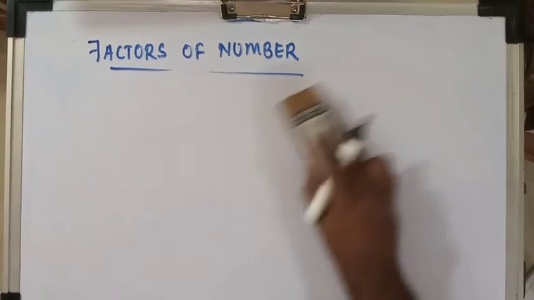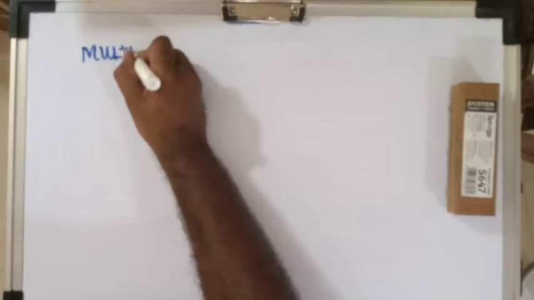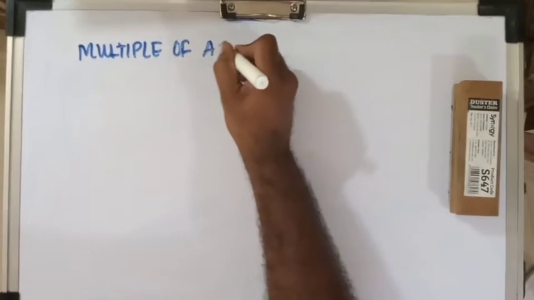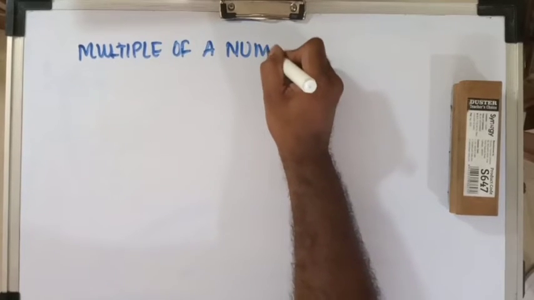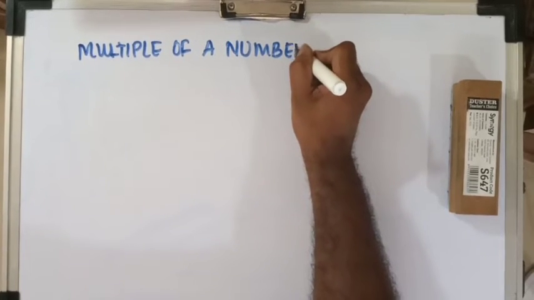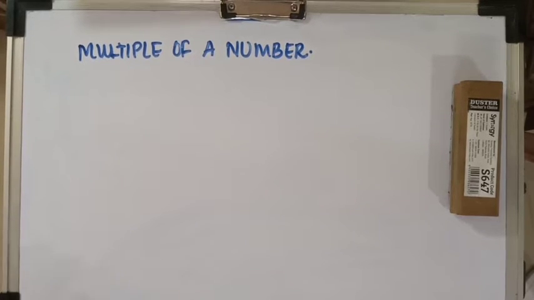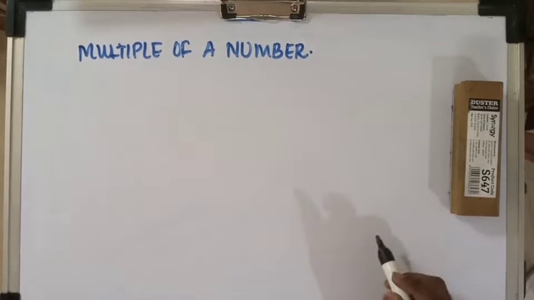Now we'll be looking at multiple of a number. Now what is multiple of a number? Multiples can be found by multiplying any number with natural numbers, right?